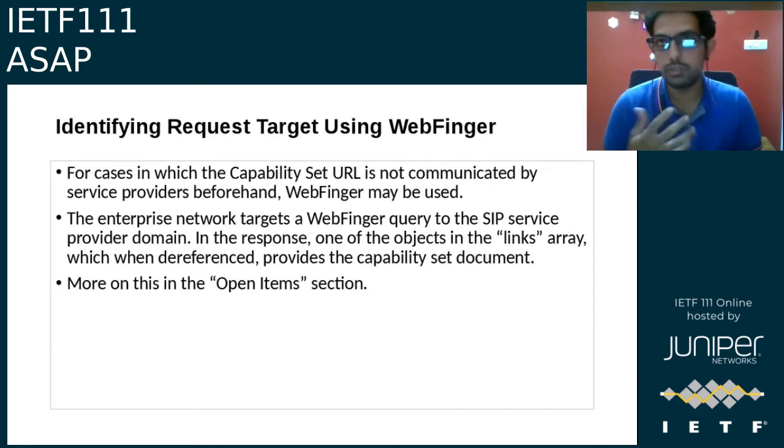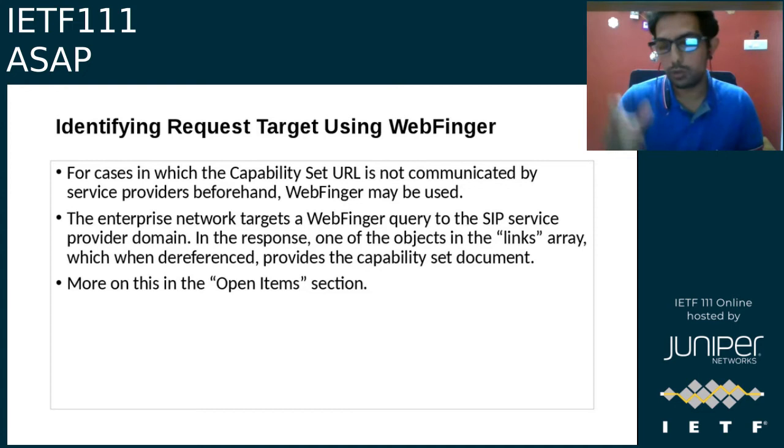The other way is where this information is not provided by the service provider beforehand, and it can instead be discovered using WebFinger. The enterprise network can target a WebFinger query to the SIP service provider domain.